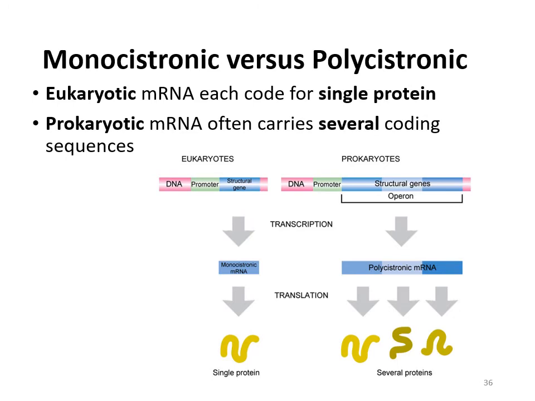So the first difference that you see here is eukaryotic genes are monocistronic, whereas prokaryotes have mRNA that is polycistronic. Basically that idea of the operon that we just saw. You can have multiple genes in a prokaryote squished together, all under the control of one promoter.